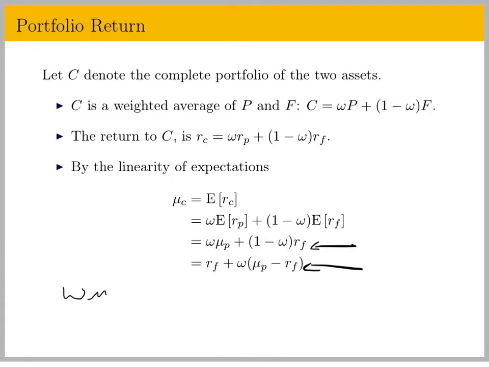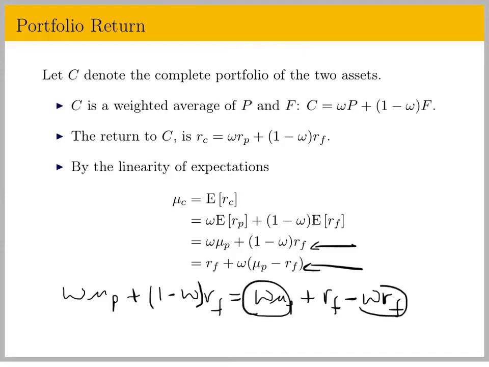We said omega mu sub P plus 1 minus omega R sub F is equal to omega mu sub P, and then distributing the R sub F, plus R sub F minus omega R sub F, and then we can group this term and this term together as omega times mu sub P minus R sub F, and then there's still this lone R sub F hanging outside, which is exactly how we got to that final equation.